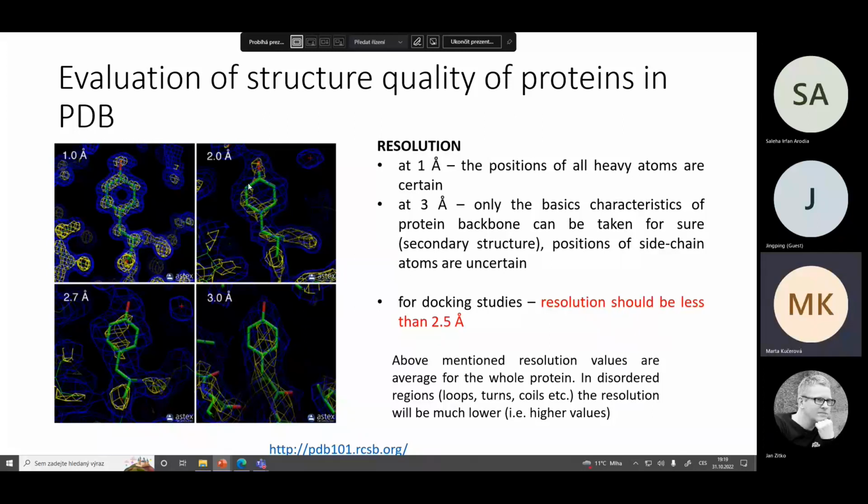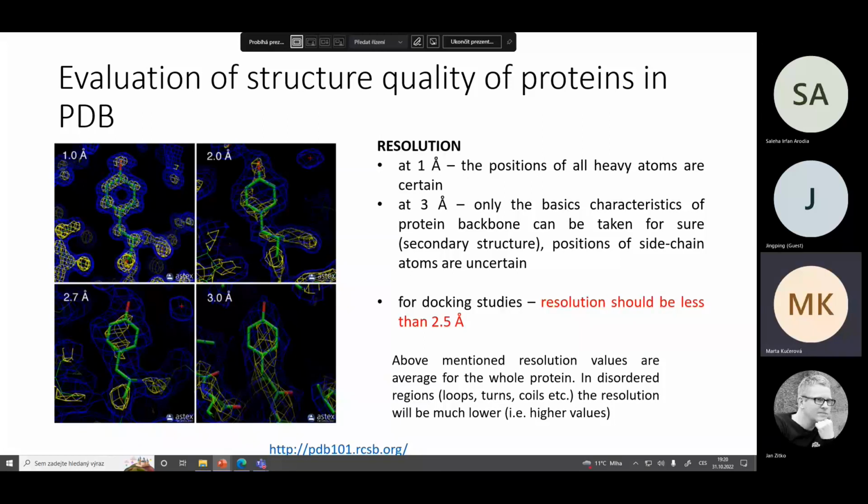Under the resolution 2 angstroms, you can see that the measured positions are more loose. With the resolution 3, the positions are even less reliable. So the lower the resolution value, the better, and optimum for docking is around or up to 2.5 angstroms.